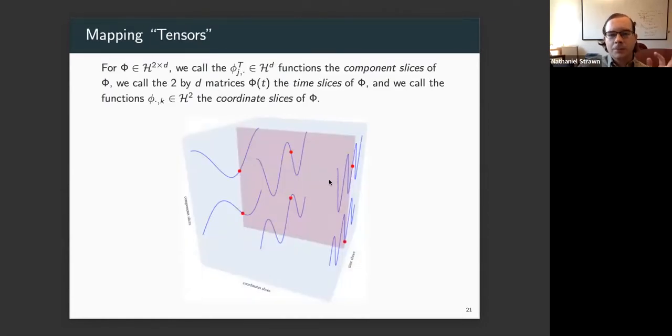So here's a picture of what this kind of means, right? So if you have phi in H^2, we'll call phi j dot transpose, right? These are things in H^D. There are two of them, right? Oh, this is now 2 by D.